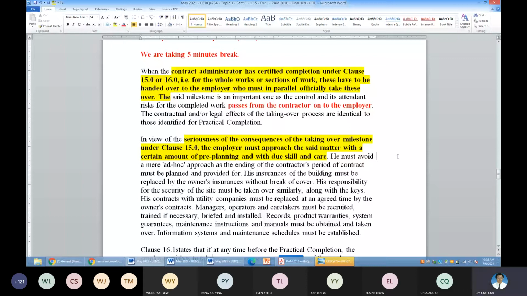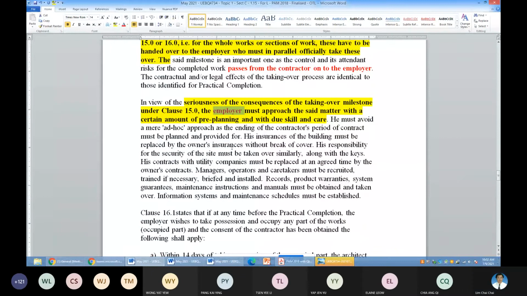Before, the word is before the CPC. So you don't advise only after the CPC. It's before the CPC. You have to do a lot of pre-planning, especially for the employer on a certain type of structure.